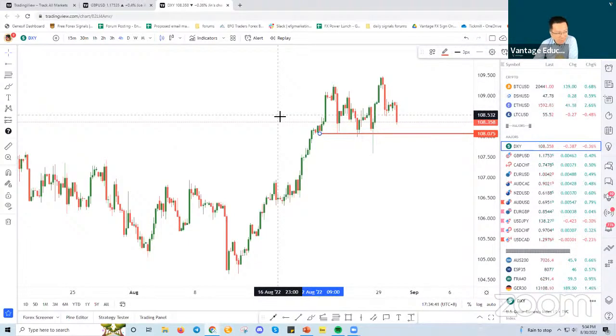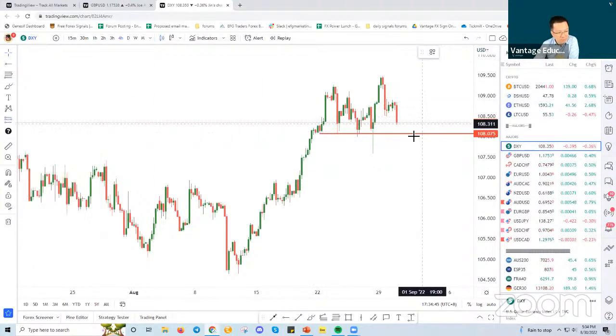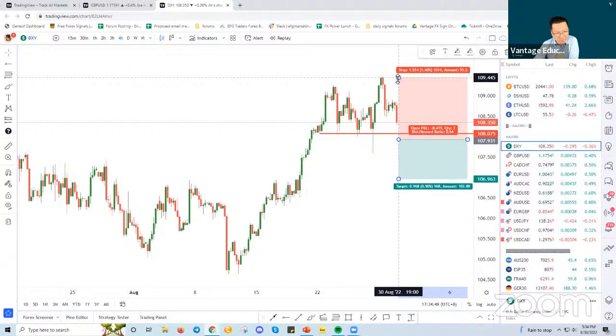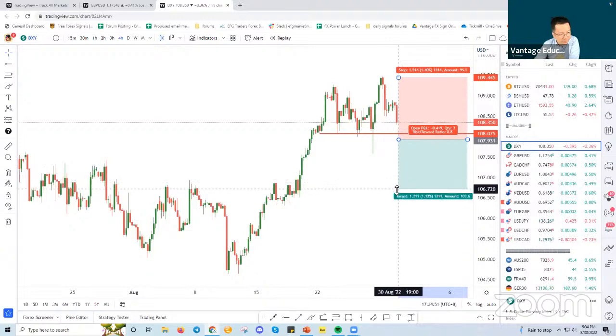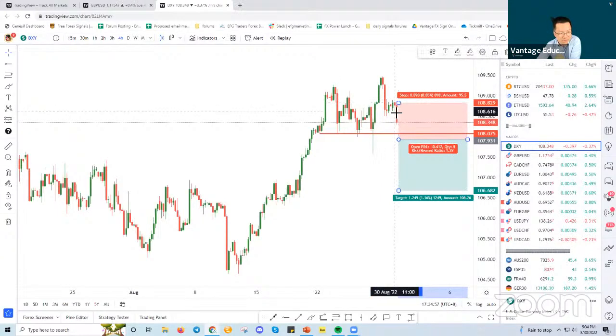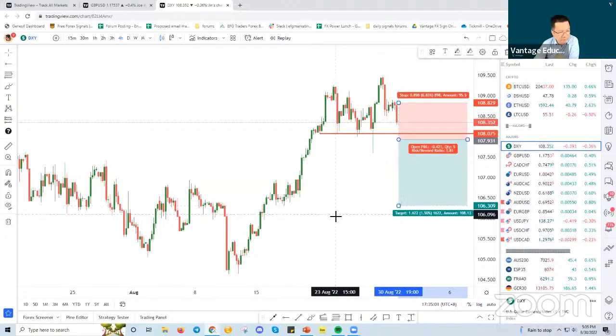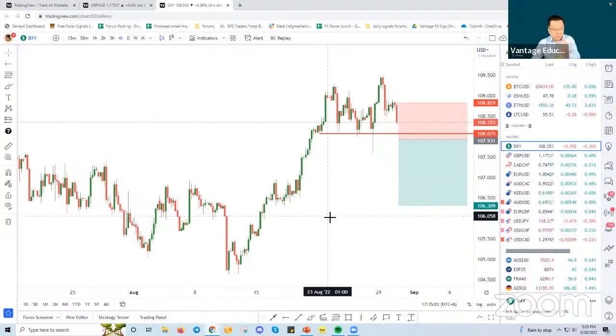What you would typically do is say, I would short, I'll have my stop loss up there, I'll have my take profit down there. No, that would be terrible. Let's say I have a stop loss there and take profit down there. Or you have to take profit towards this point there.